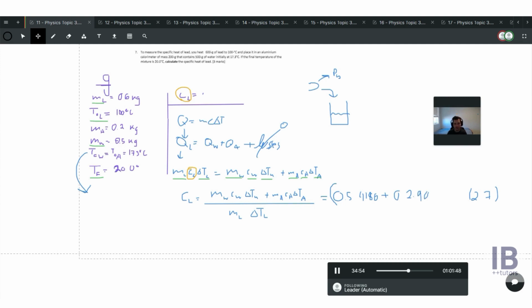It's 900, so times 900. All of this times your delta T, which is 2.7, and then divided by ML, which is 0.6, times delta TL, which we said was 80 degrees.